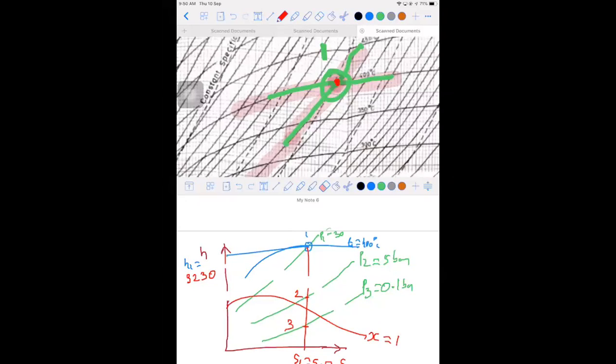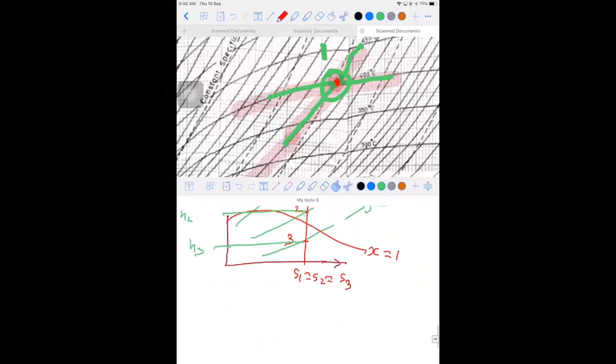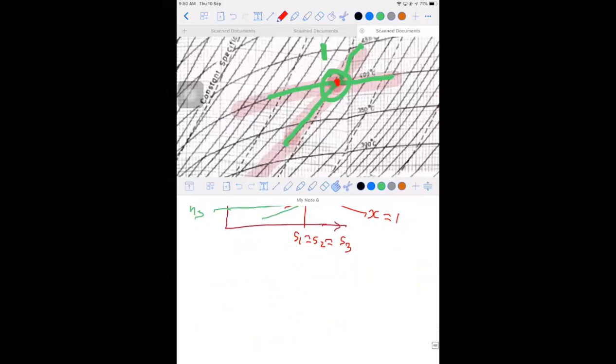Now we can draw a horizontal line from here and from here, and this is equal to H2 and this is equal to H3. Please let me know the values of H2 and H3. What is the H2?